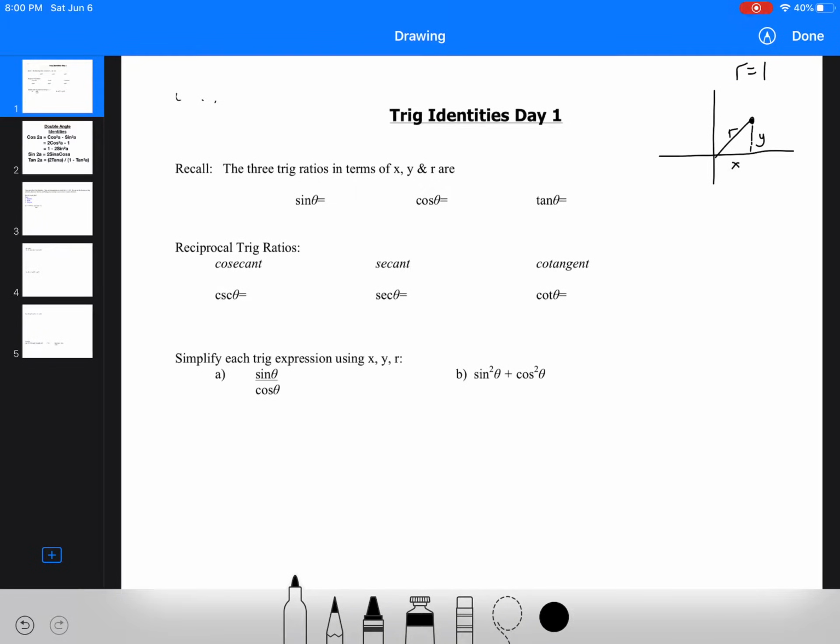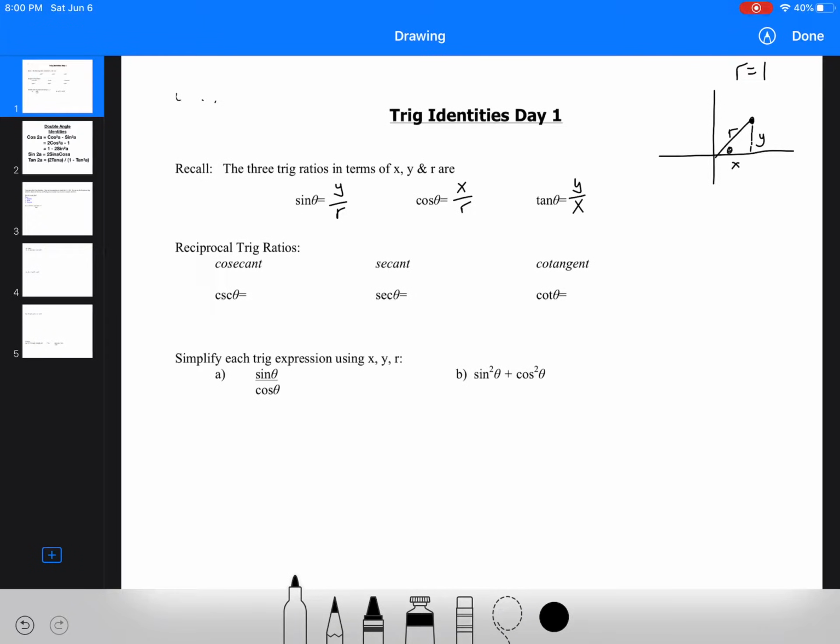Okay, so if we're making sine in terms of y and r and x, it would be opposite over hypotenuse. This would be adjacent over hypotenuse and opposite over adjacent. Now cosecant is the reciprocal term of sine.